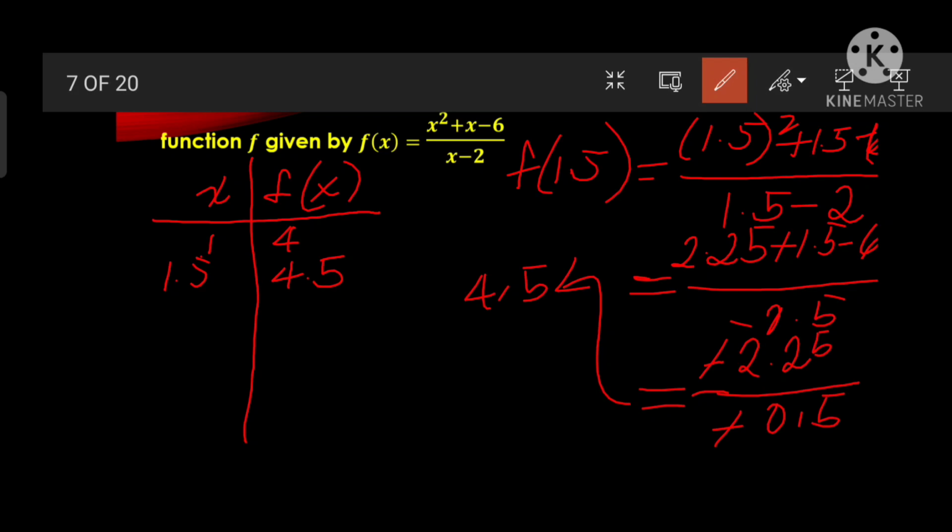Then, let's assign again a value for x closer to 2.